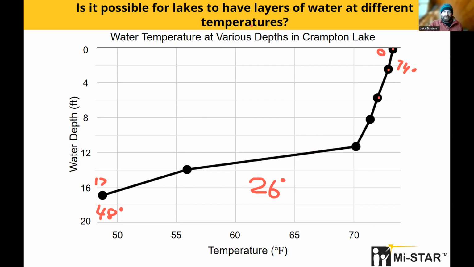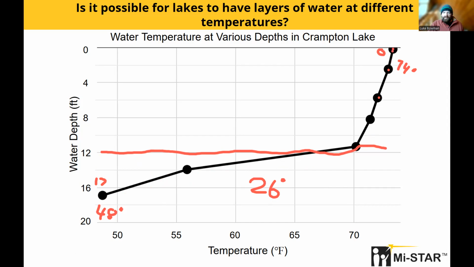And then if we look at the question about whether there are different layers, we can sort of see a plateau here in this range, where anywhere between 12 and 17 feet, in this 4 to 5 foot range, the temperature is rising drastically in this layer before it hits about 11 or 12 feet.